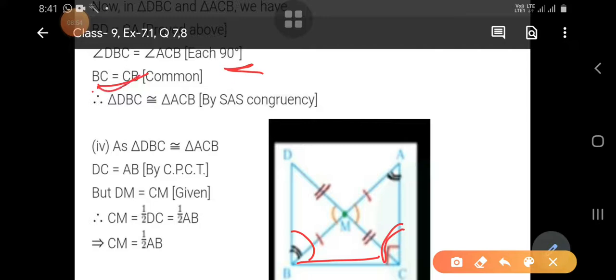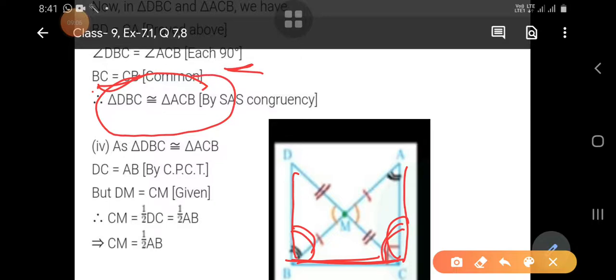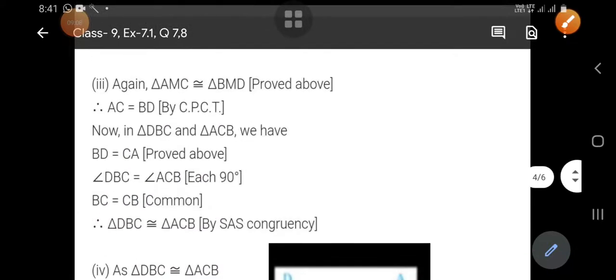So by the side angle side criterion, we can say that triangle DBC is congruent with triangle ACB. Clear?